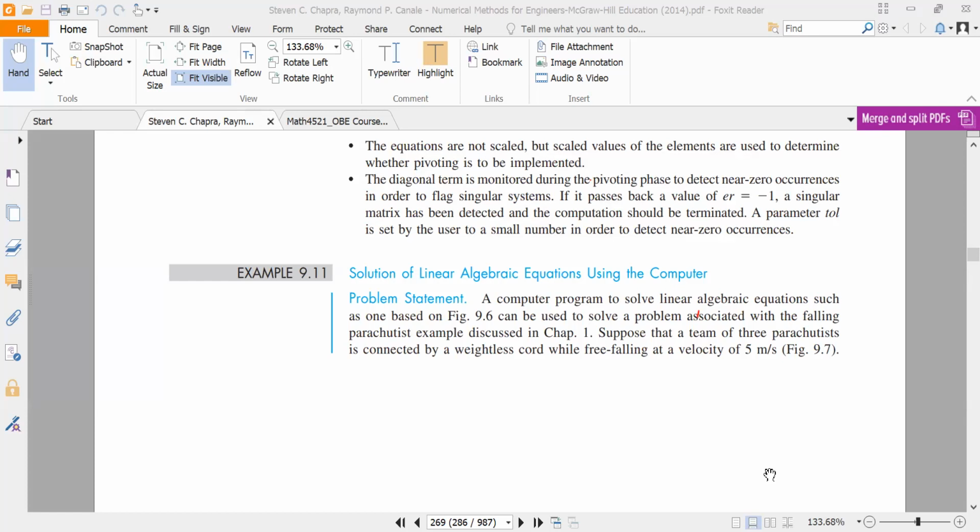For example, if we have a resistive network with 4 loops, and you want to solve for the loop currents, how many loop currents will be there? 4 loop currents. If you have 4 loop currents, how many equations do you need to solve? 4 equations.